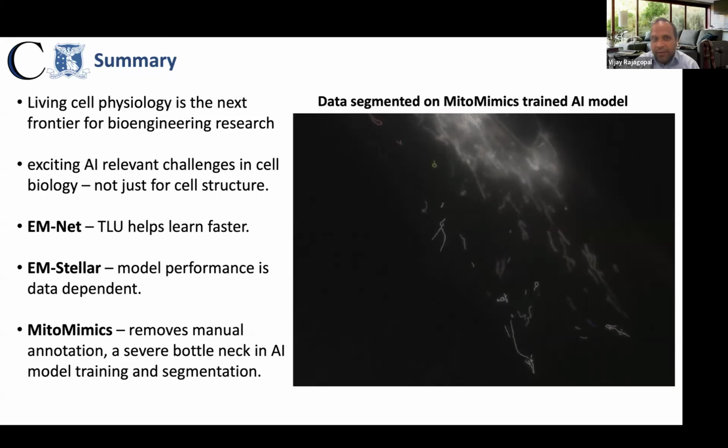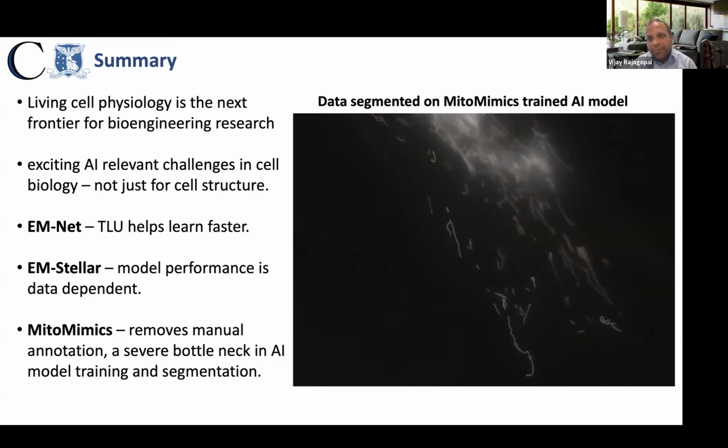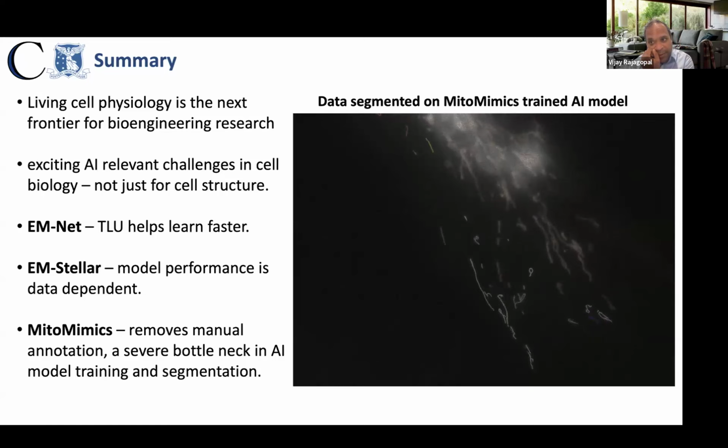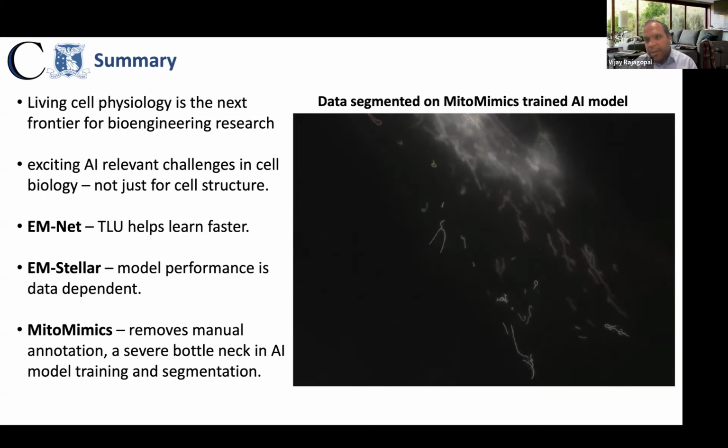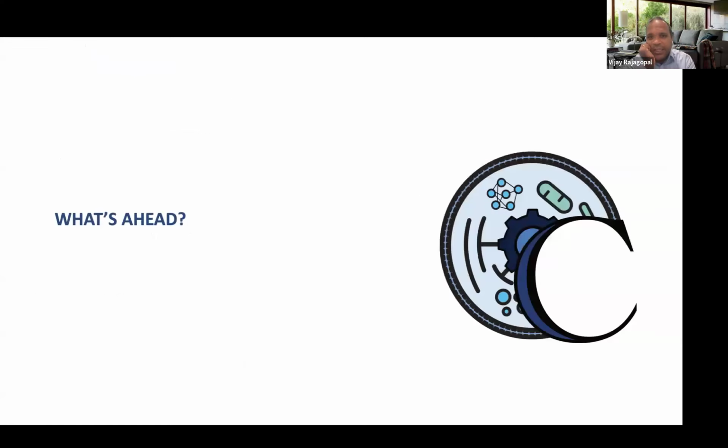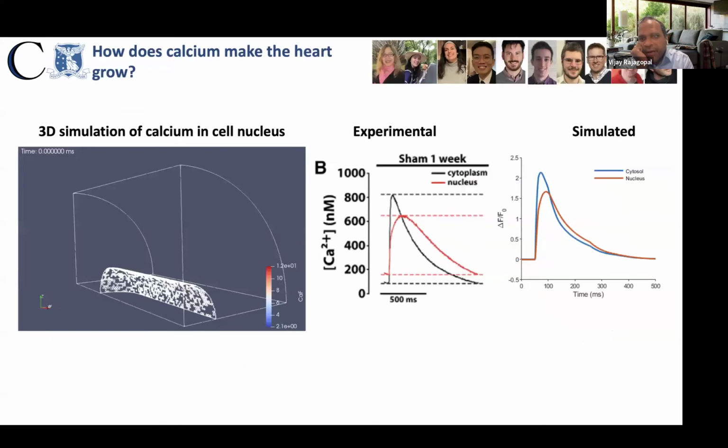There are many relevant and exciting AI challenges presenting themselves in this big data explosion in cell biology. I've just given you 3 examples of how we've tackled them: EMNet, EMStellar, and mitomimics. We are leveraging these techniques now to build our understanding of how the cell works.